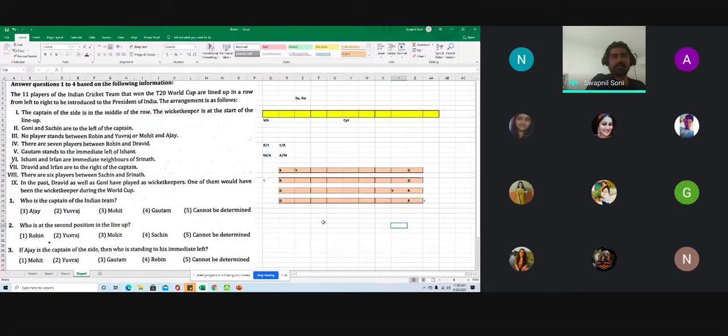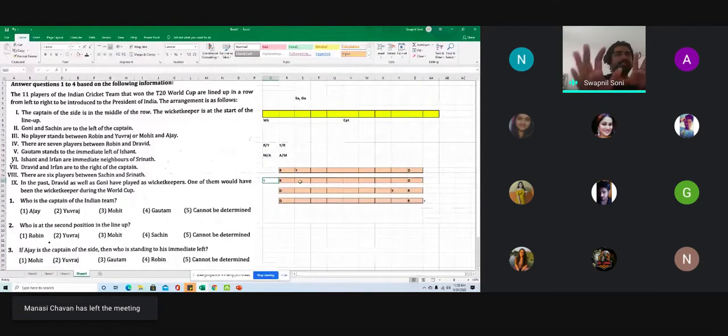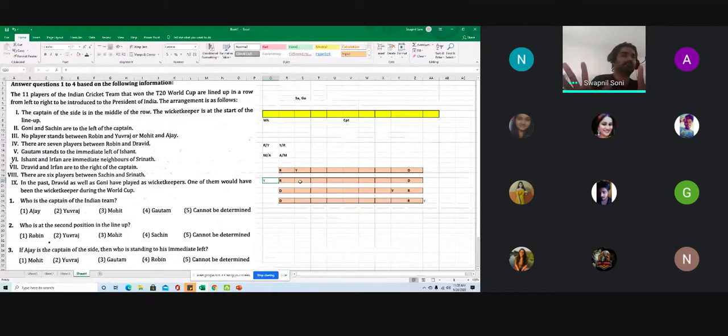These 4 possibilities I have. Either Yuvraj will be to the right of Robin or Yuvraj will be to the left of Robin. Based on that, these are the 4 possibilities if I combine statement 3 and statement 4. Now look at the next one.